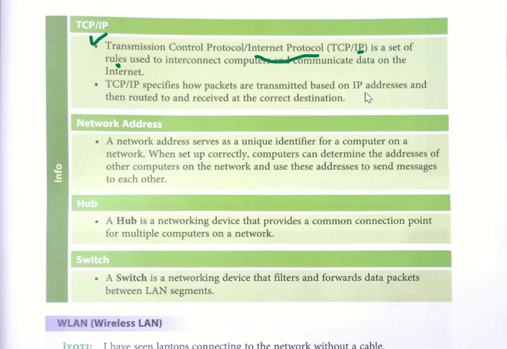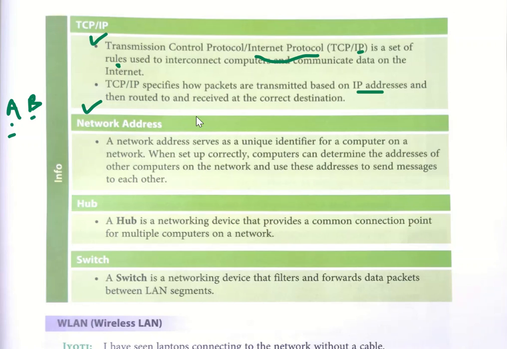Now here, what is the IP address? As I told you, when we send a message from A to B, we have to give the address to the packet also. These addresses are known as IP addresses. Similarly, we have a network address also. Network address is basically the address that we give to a computer network.